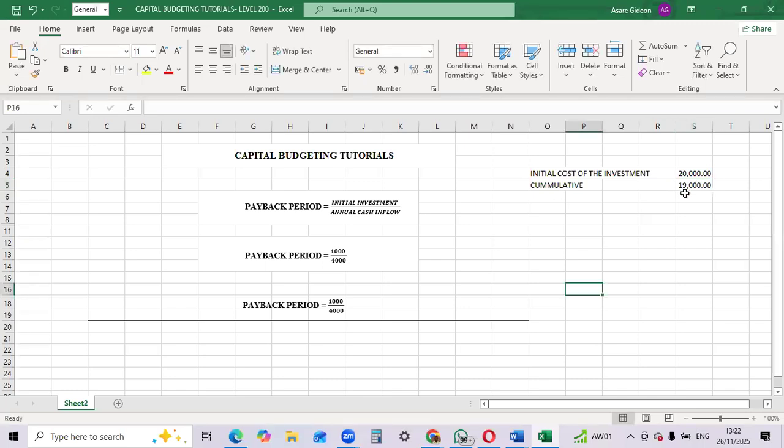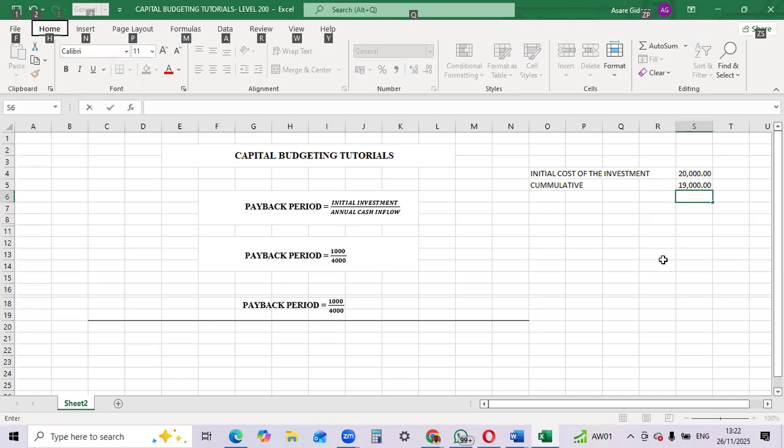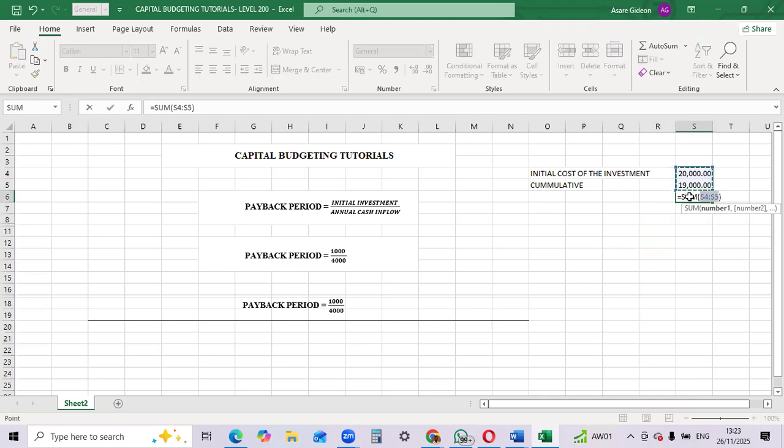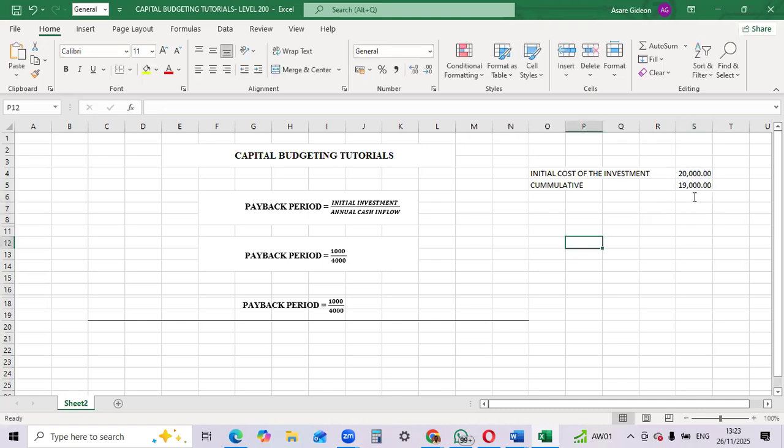Now, if we want to find the difference, the difference is going to be 1,000 cedis.